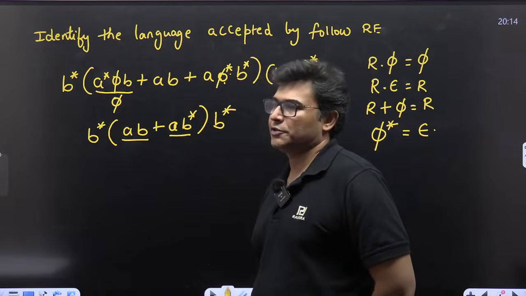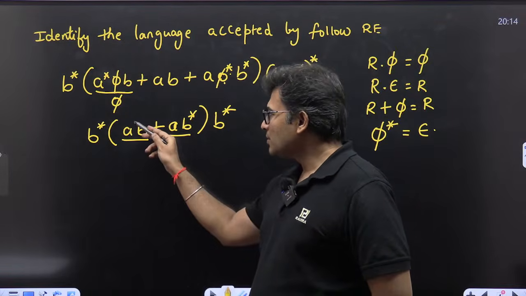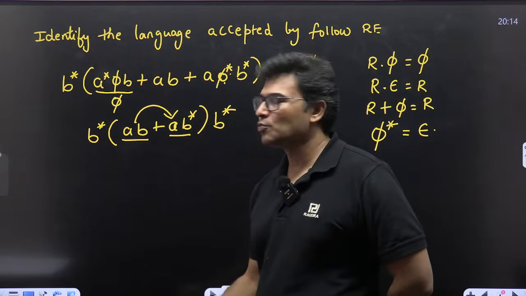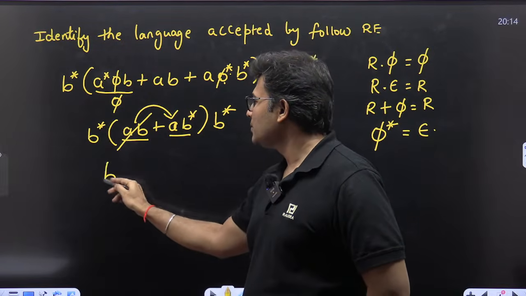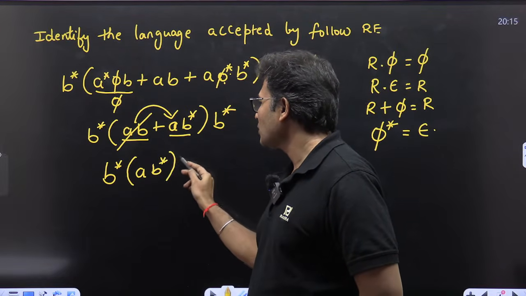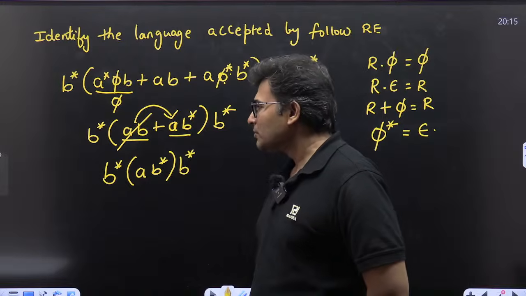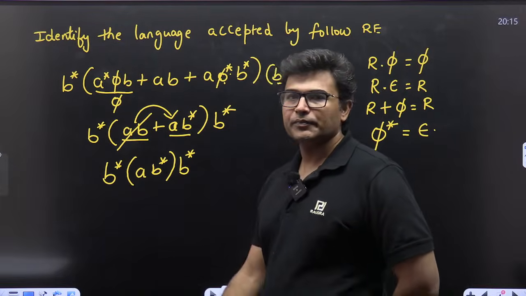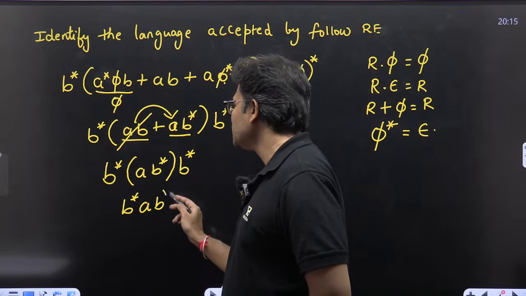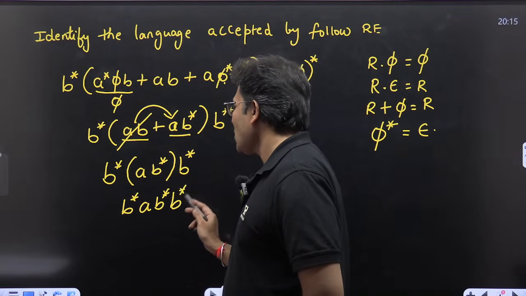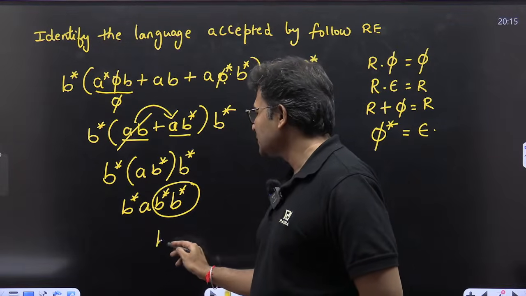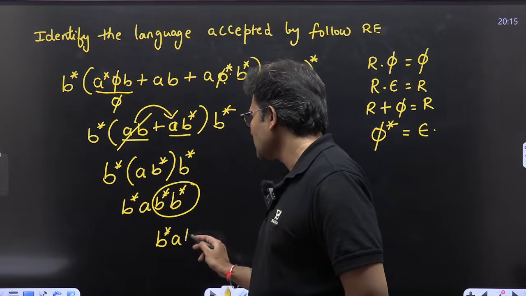This is absorption. You can remove it. Now it is b* a b* followed by b*. Written completely, b* a b* b*. Now b*b* is just b*, therefore this is b* a b*.